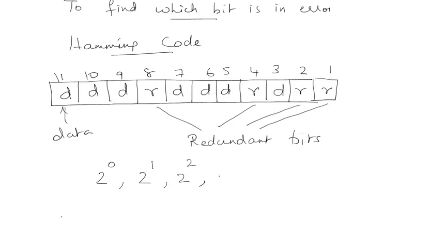The 8th bit is also a redundant bit, its position is 2 cube. So these are the positions of the redundant bits. They need to be placed in the entire code word at these positions, 2 raised to 1, 2, 3 and so on. So this is the Hamming code, in which the redundant bits are added to the entire code according to this pattern.